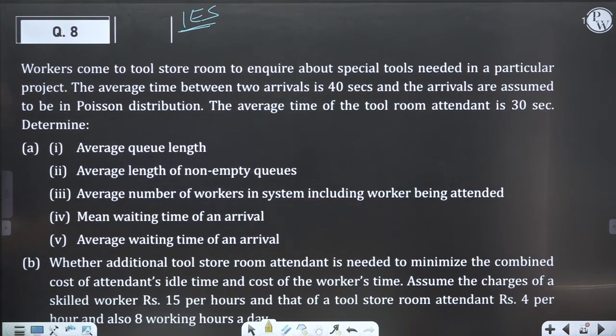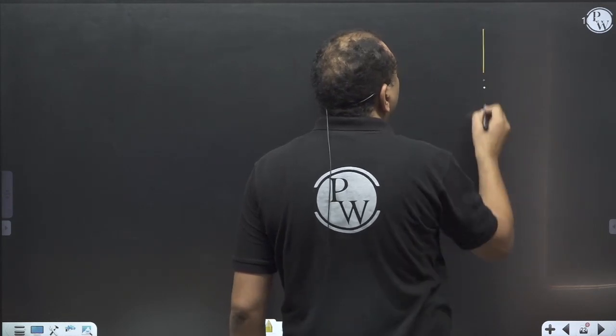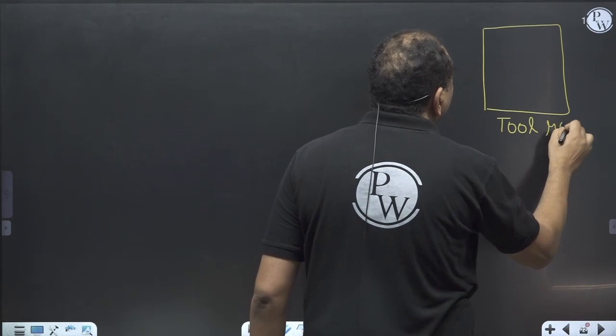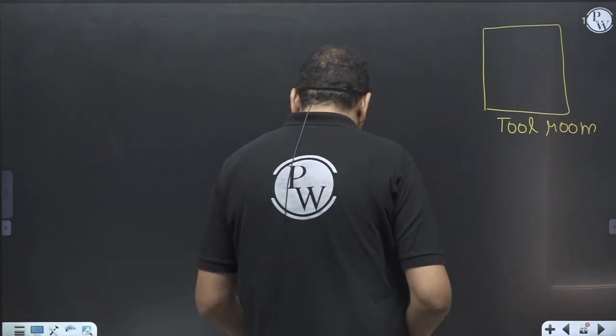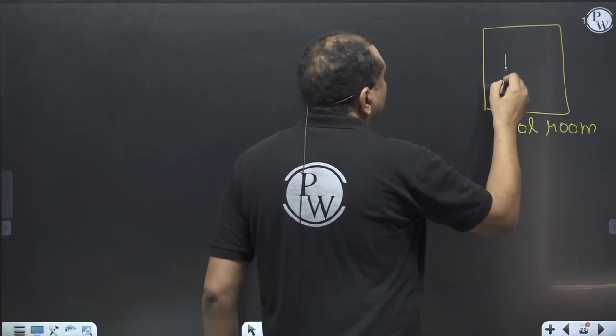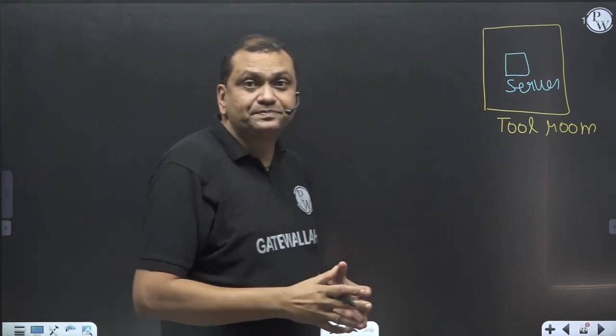Workers come to the tool room store to inquire about special tools needed in a particular project. The average time between two arrivals is 40 seconds. There is a tool room, and here there is a server, the tool room in charge.